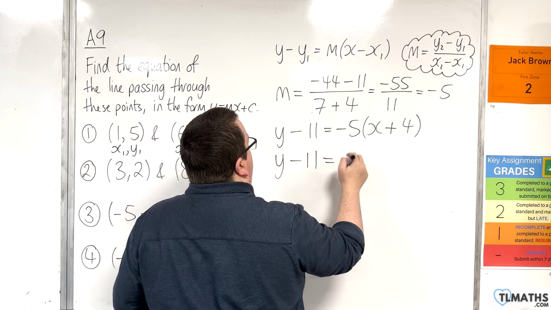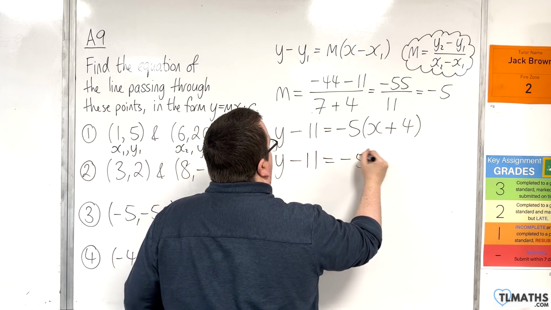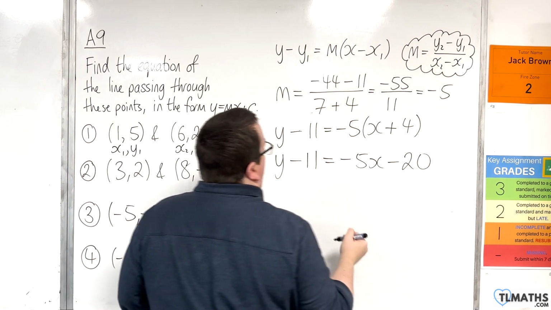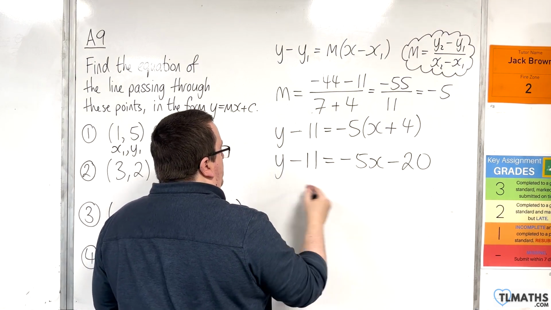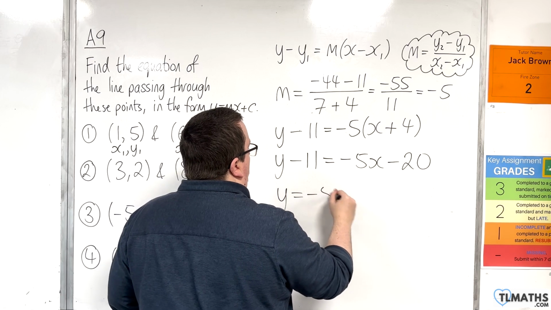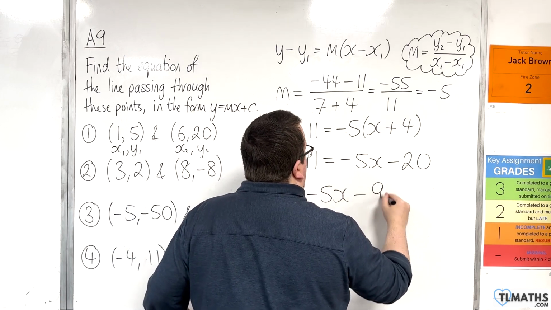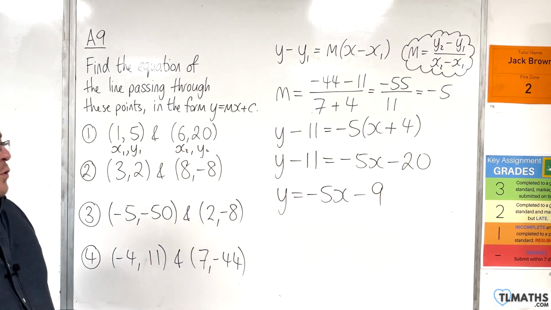Multiply out the right-hand side: minus 5 times x, minus 5 times 4. And then we need to add 11 to both sides. So y is equal to minus 5x, minus 20 plus 11 is minus 9. And so that's the equation of my line.